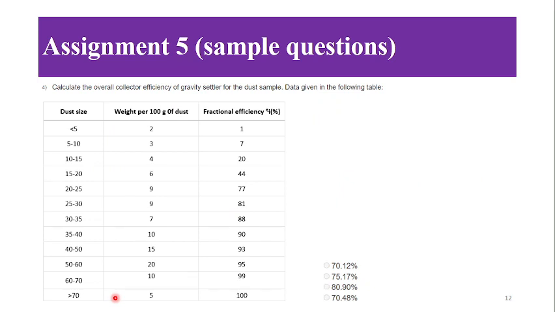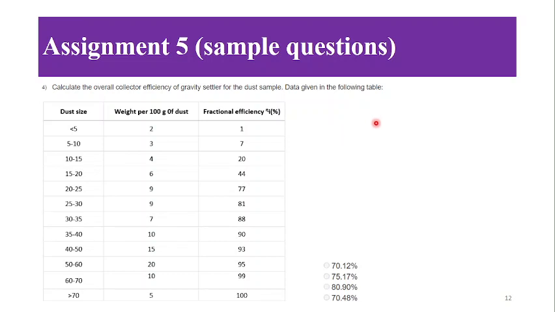Now, calculate the overall efficiency of gravity settler for the dust sample. Data is given in the following table. These are the different cuts of the particle size, and their weight per 100 gram is given here, and the fractional efficiency is given here. So we need to calculate the overall efficiency.